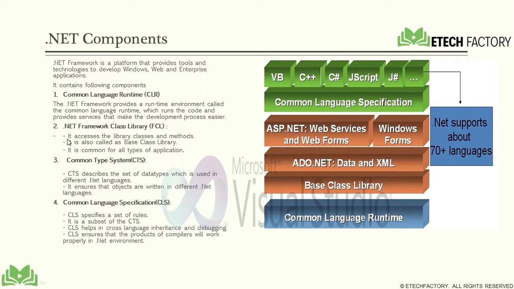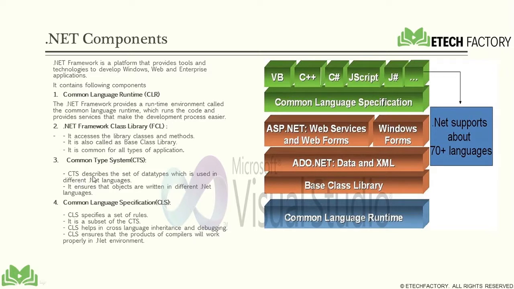The second one is the .NET Framework Class Library, that is the FCL. It accesses the library classes and methods. It is also called the base class library. It is common for all types of applications. The third one is the Common Type System, CTS.